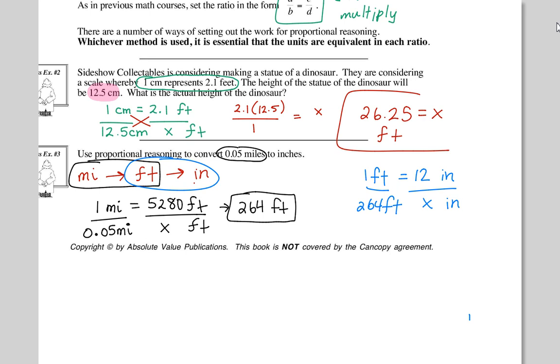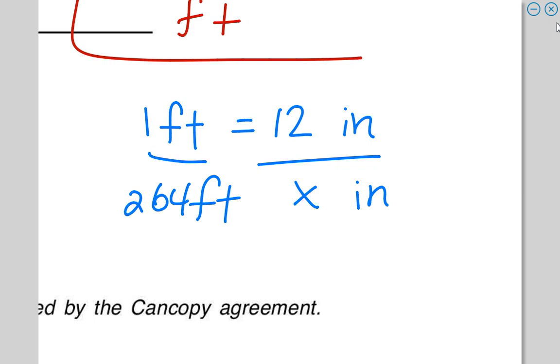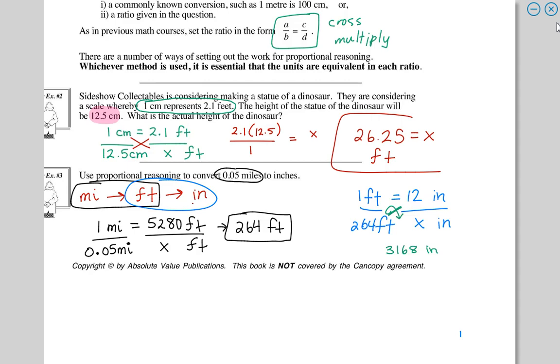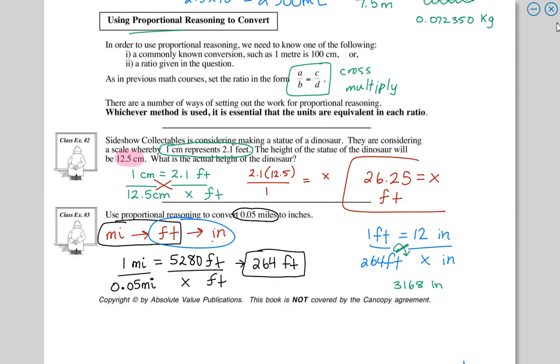Do I times or do I divide? Times these two and divide by 1's not going to change anything. So it's a times. 12 times 264, and you get 3,168 inches. Does that make sense? You went from feet to inch, the unit got smaller, so the number should get bigger. Good. Any questions about that?